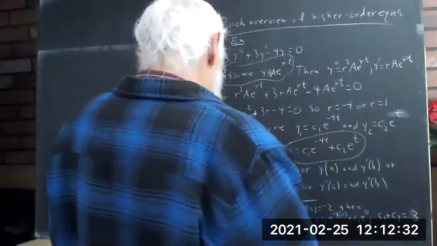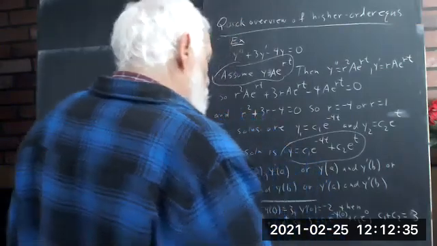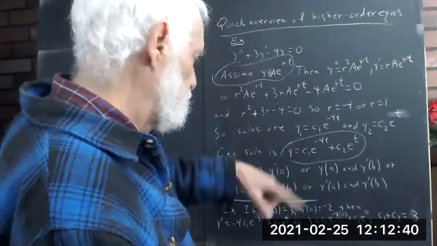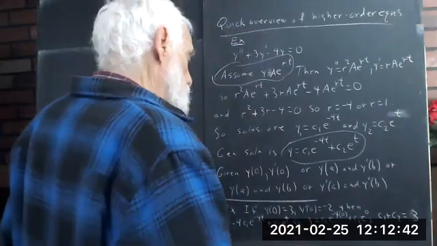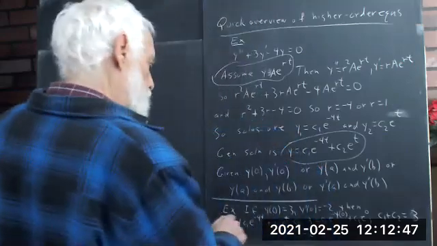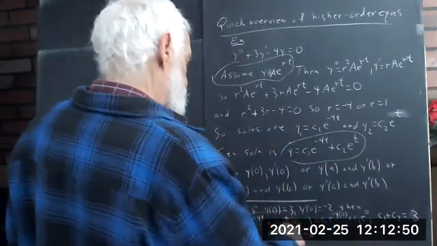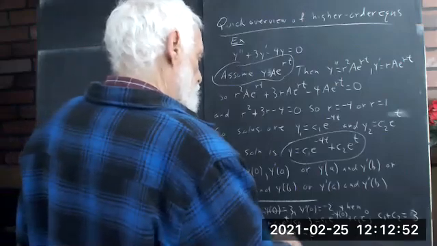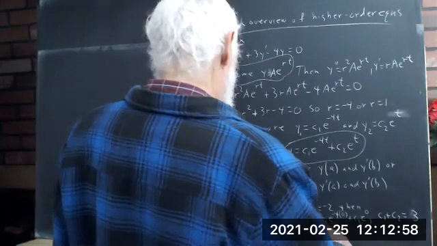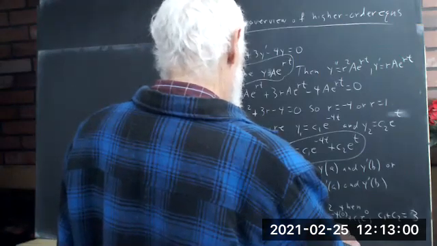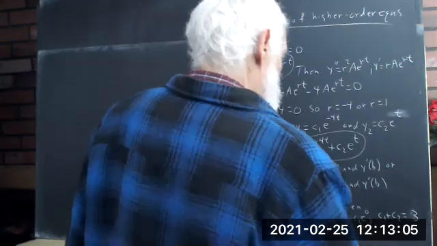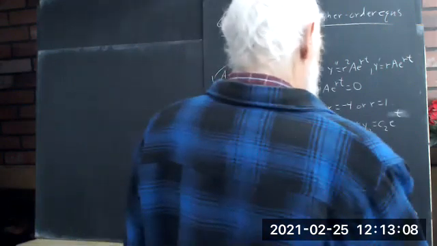From the other equation, we have y prime of 0 equals, what was it? -2. So from this equation, we get -2 equals -4 C1 plus C2.